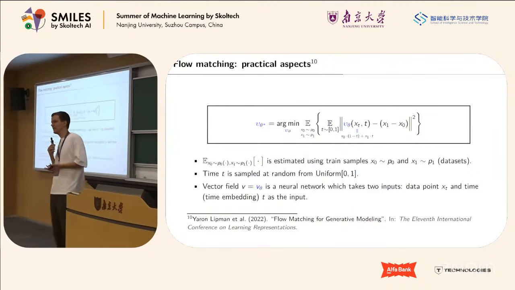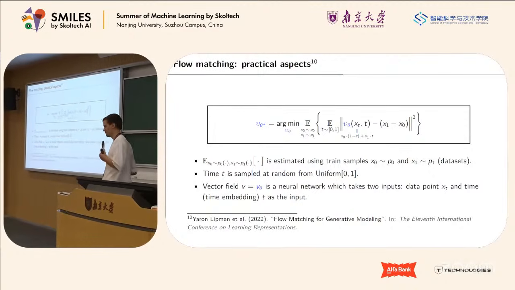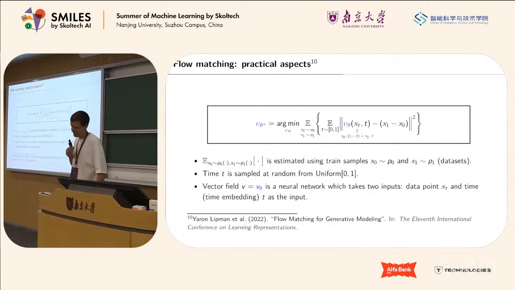At the end of this training, if your data set is sufficiently big, your neural network is sufficiently expressive and you train for enough iterations, you converge to some solution of this problem, and this solution can be used for generation.